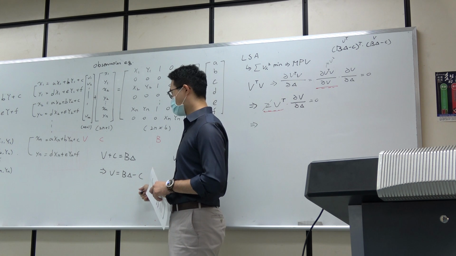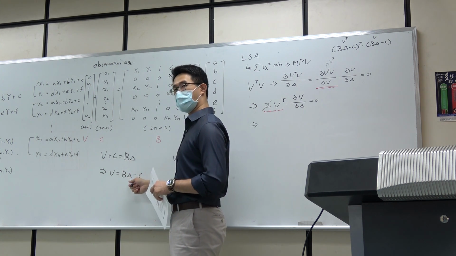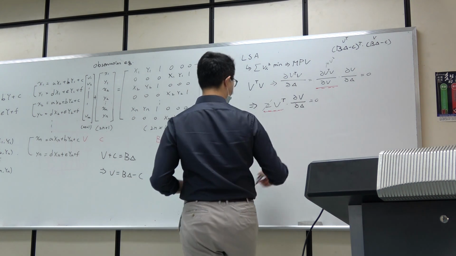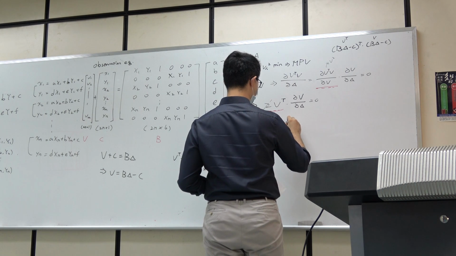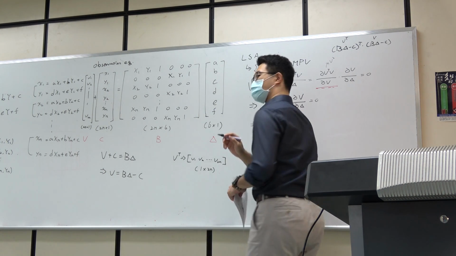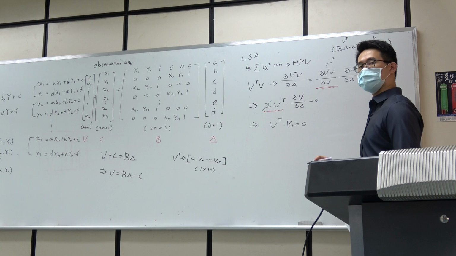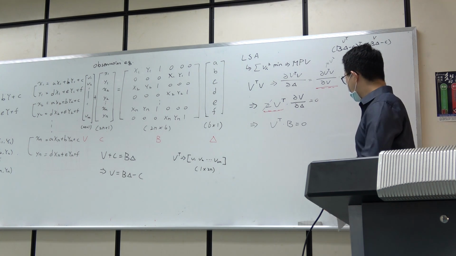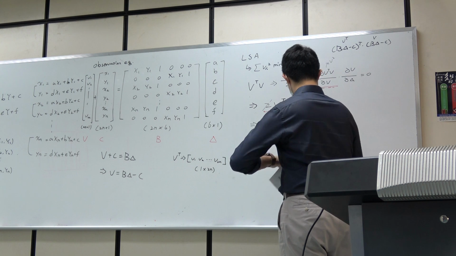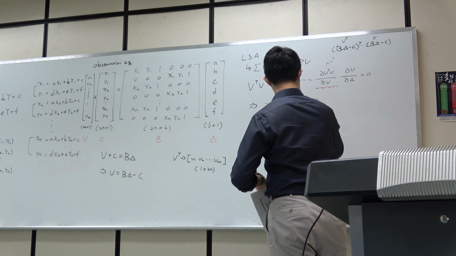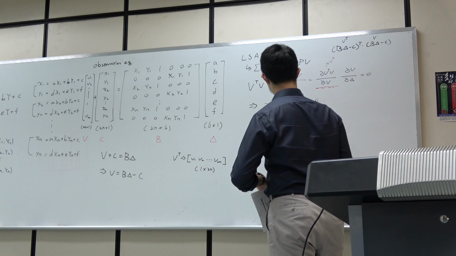And right now, if we take the derivative on delta, then what will be the outcome? B, right? So we have the b over here. So it will be v transpose multiplied by b equals 0. Okay. And here is this one, this one is this one.